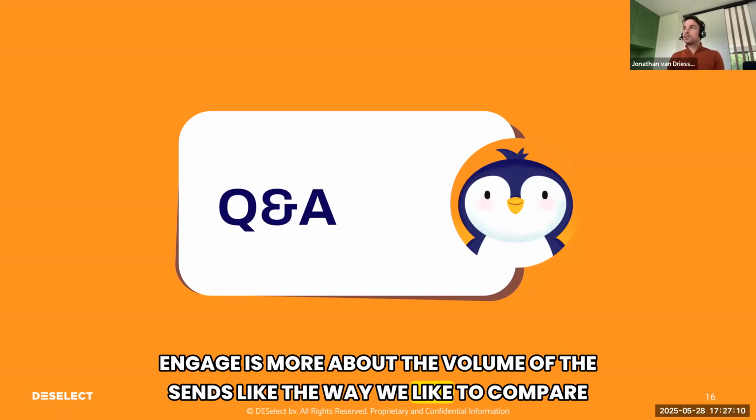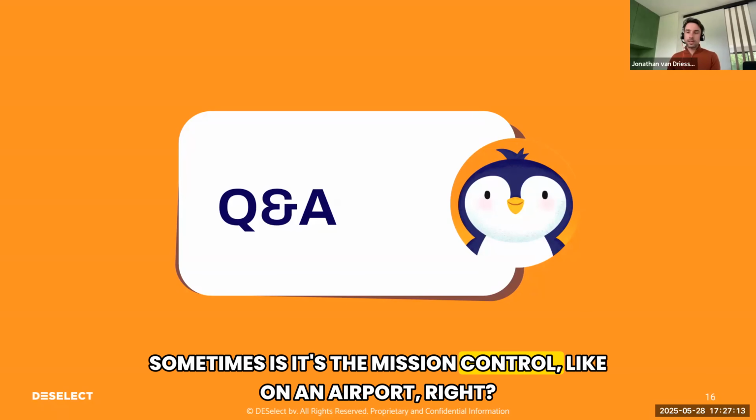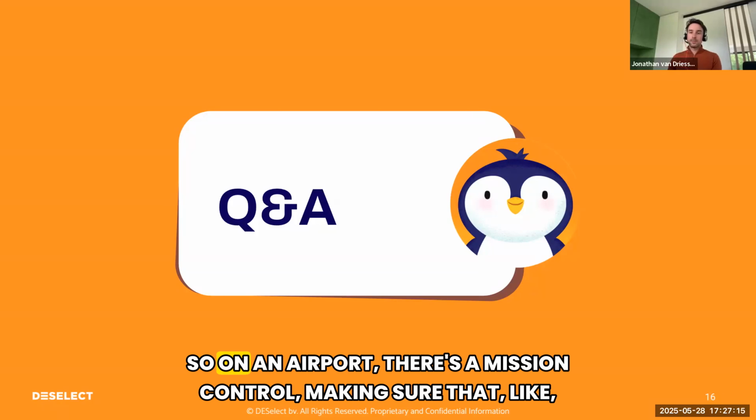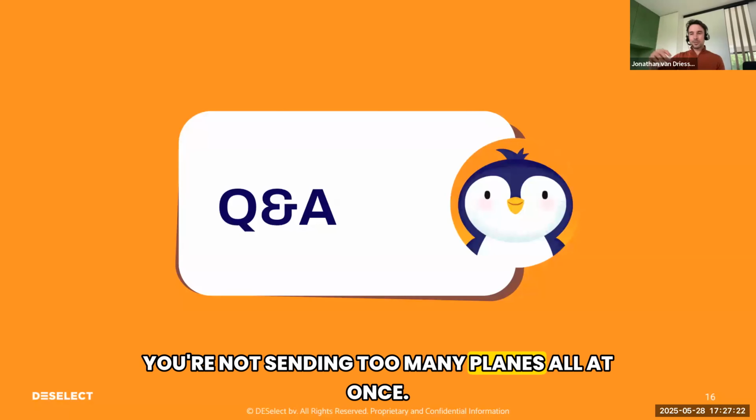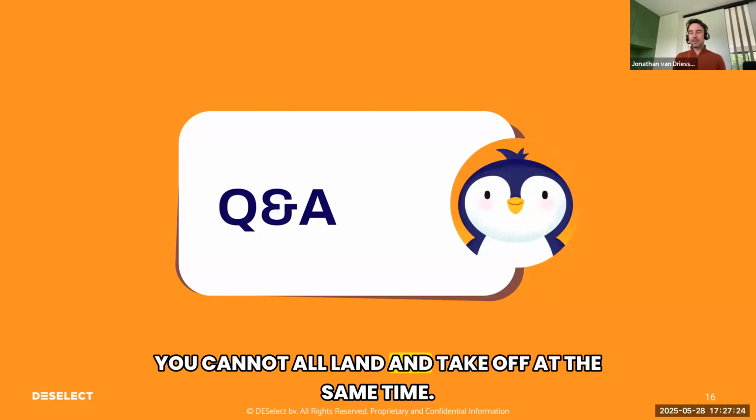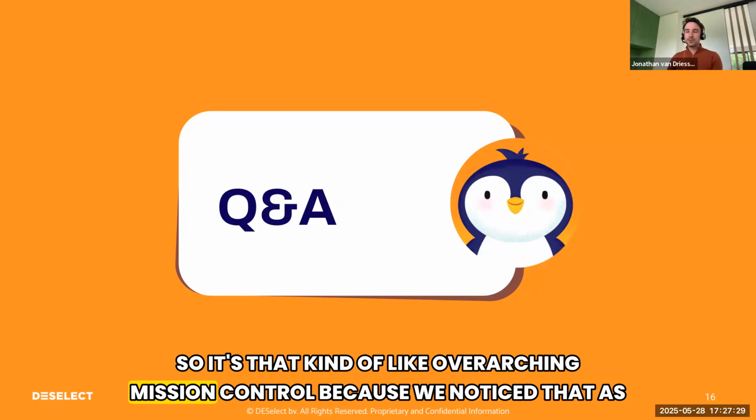The way we like to compare it sometimes is it's the mission control, like on an airport, right? On an airport, there's a mission control, making sure that you're not sending too many planes all at once. You cannot all land and take off at the same time. So it's that kind of overarching mission control.